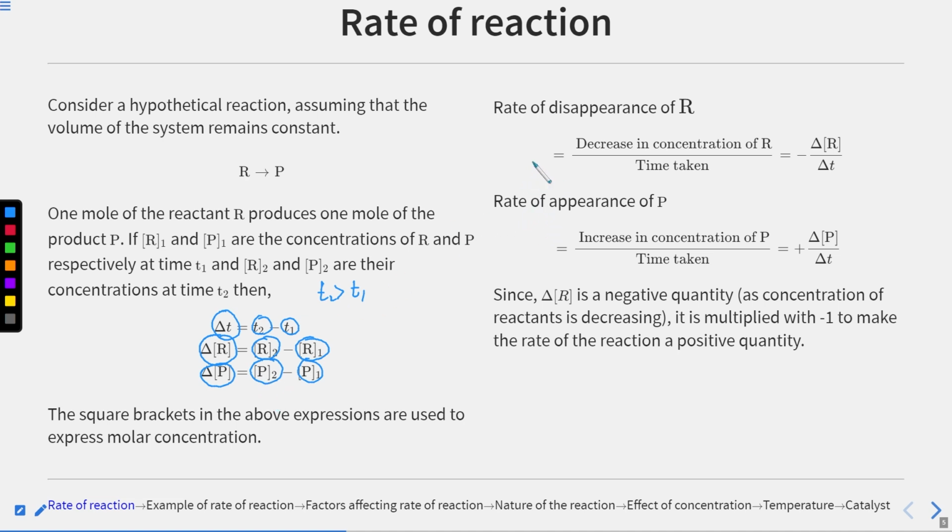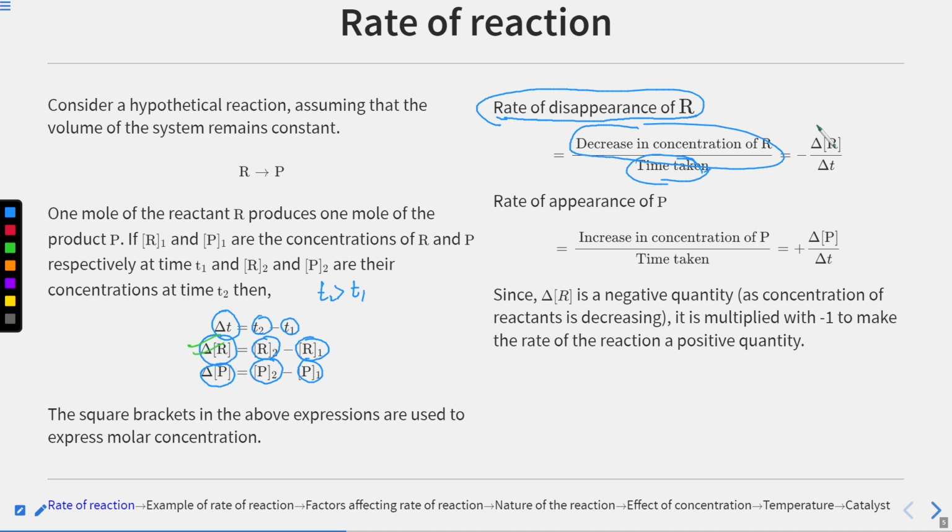Now, if I want to define the rate of disappearance of R, it would be given by the decrease in concentration of R by the time taken. What was the decrease? We have seen it here. It was delta R, R2 minus R1.